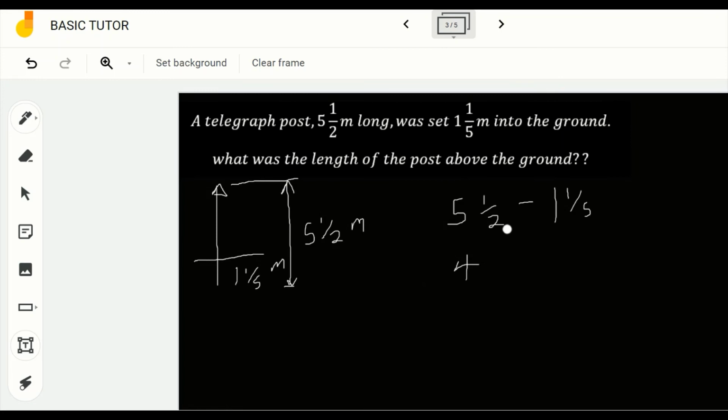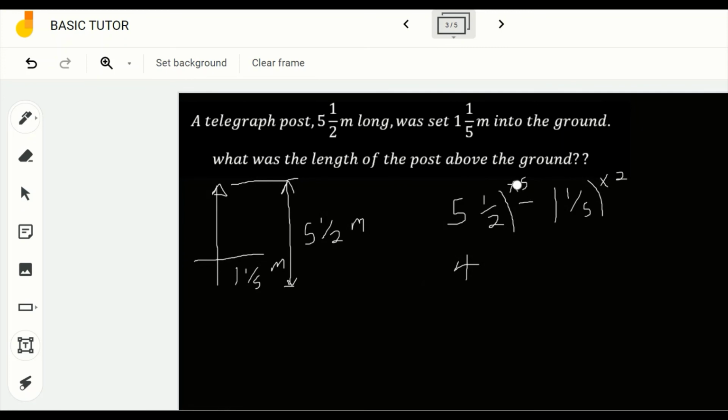So to ensure that I have the same denominator, I can multiply this fraction here by 5, and I can multiply this fraction by 2. The reason why I'm doing this is that 5 times 2 gives me 10, 2 times 5 gives me 10. So you have to figure out a way to multiply both fractions to have the same denominators.